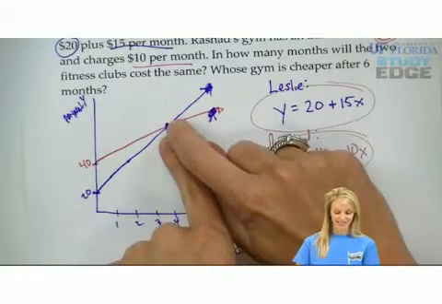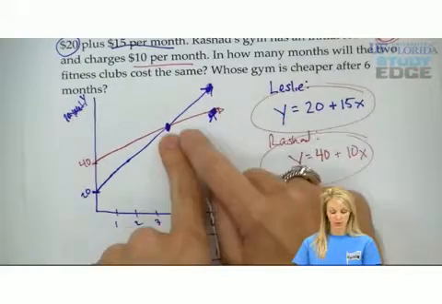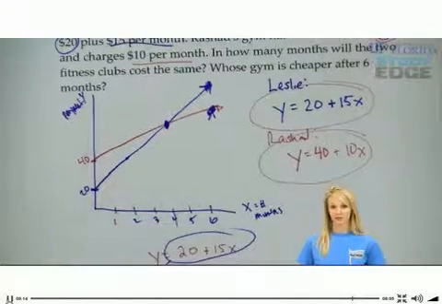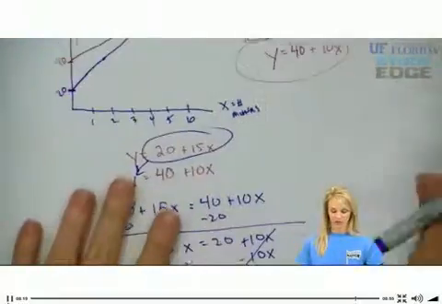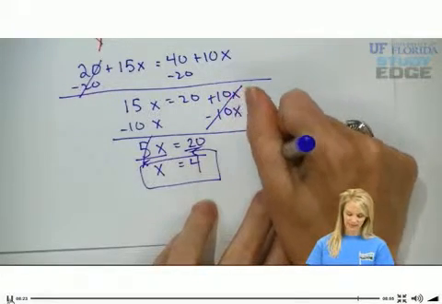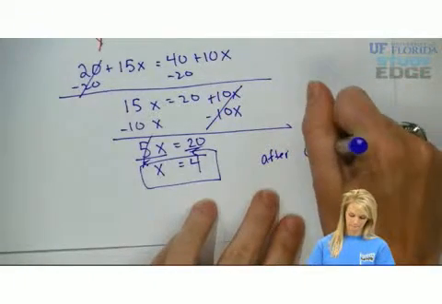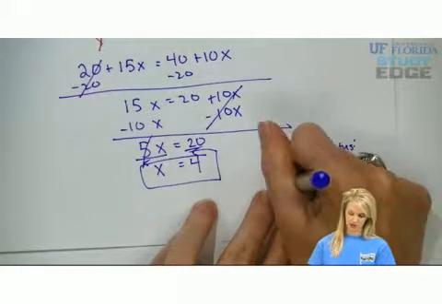Since Leslie's paying more per month, she's paying a total amount that's more than what Rashad is paying. So after 4 months, Leslie's paying more and Rashad is paying less. So at 4 months, they're equal. And after 6 months, Rashad's gym is cheaper.